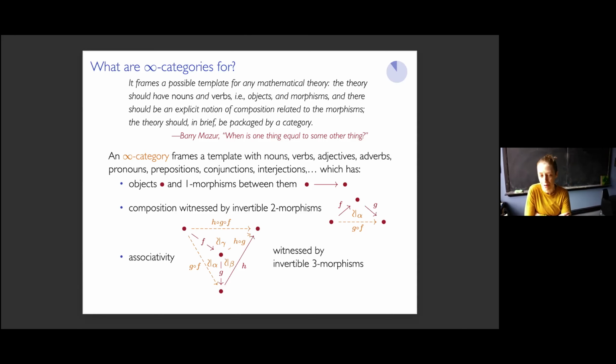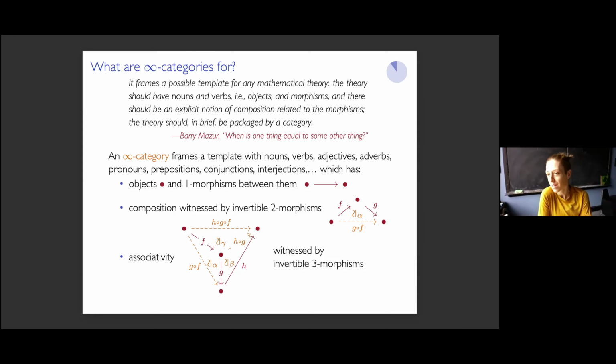Here I've called that G composed F. And then there'll be another invertible two morphism that witnesses a particular composite, H composed G. And then two other two-dimensional morphisms, one that witnesses a composition relation between F and H composed G, and another that witnesses a composition relation between H and G composed F. So one of them is displayed in this diagram. It's this thing I'm calling gamma, but you should imagine there's a fourth invertible two-dimensional morphism on the back of the tetrahedron.